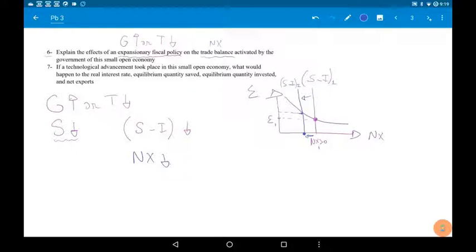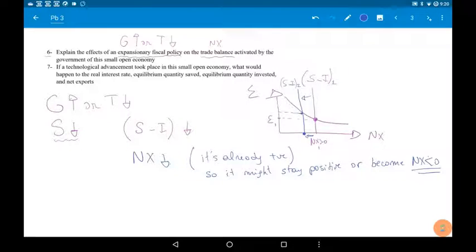Since it's already positive, it might stay positive or it might become negative. That's it for question 6.